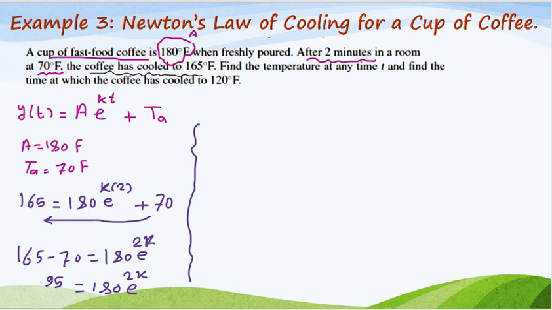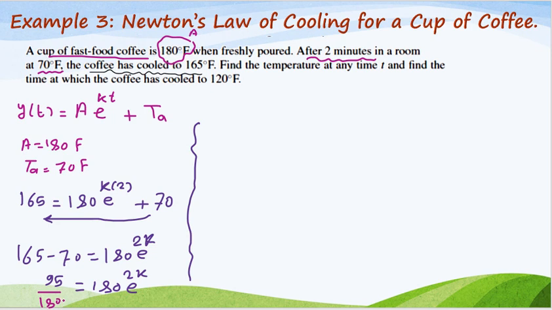We divide both sides by 180 to get 95 over 180 is equal to e to the power 2k. We take the logarithm of both sides: ln of 95 over 180 is equal to 2k.